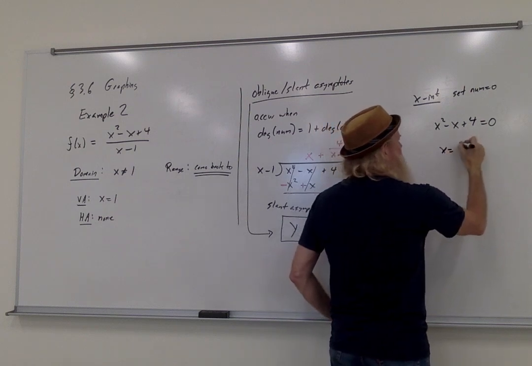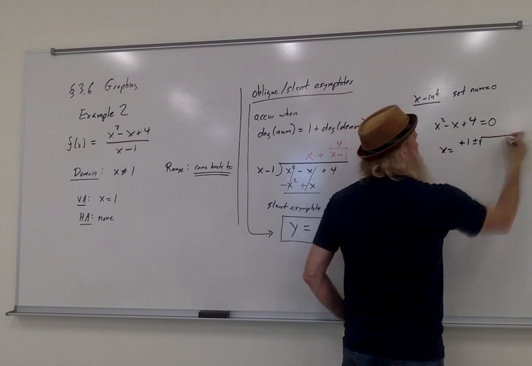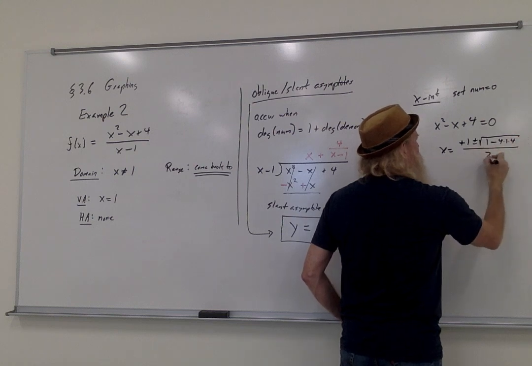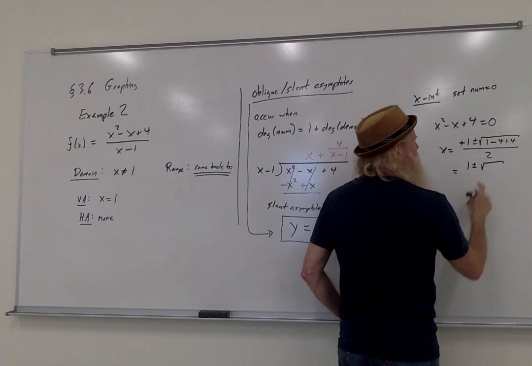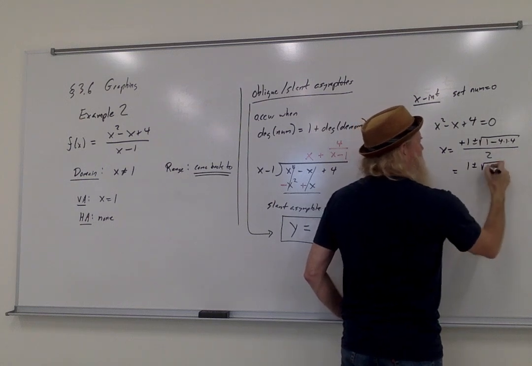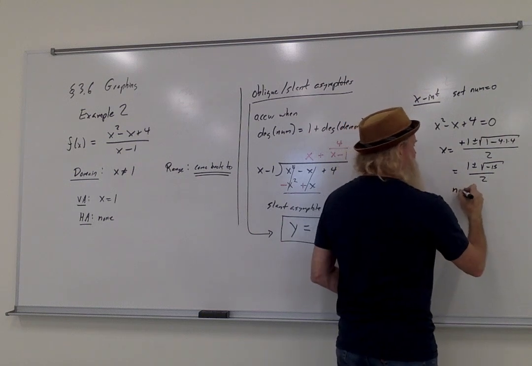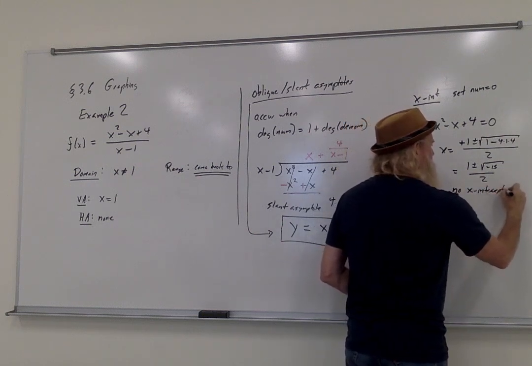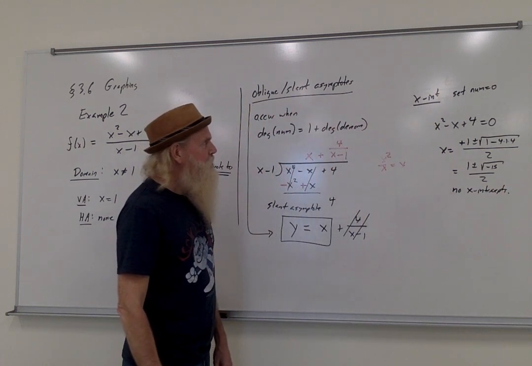We'll have negative b, so positive 1, plus or minus the square root of b squared minus 4ac, over 2a. Notice that when I simplify what's under the square root, I get negative 15. So that means that there are no x-intercepts. So this graph's not going to touch the x-axis.